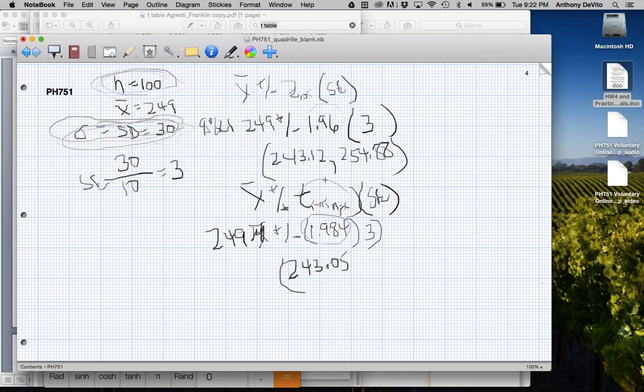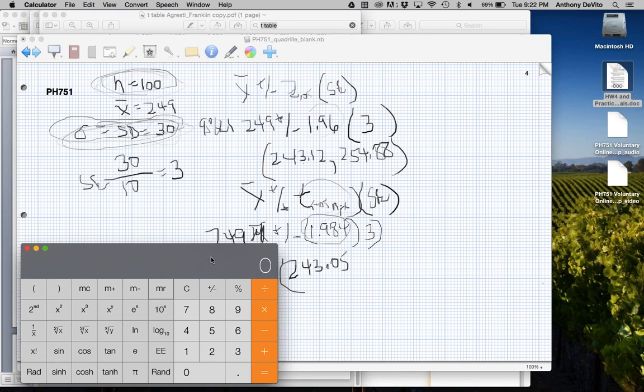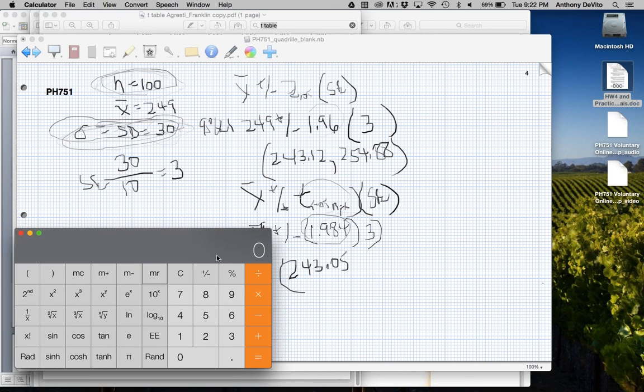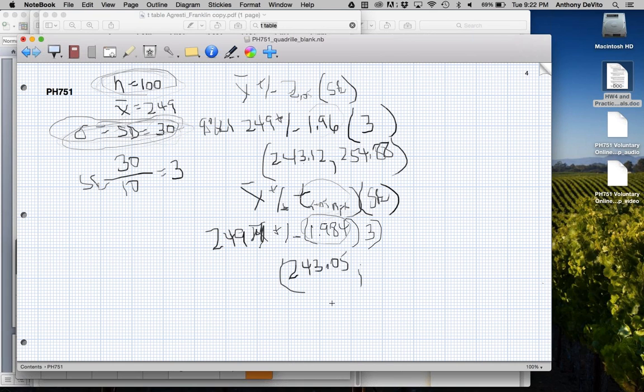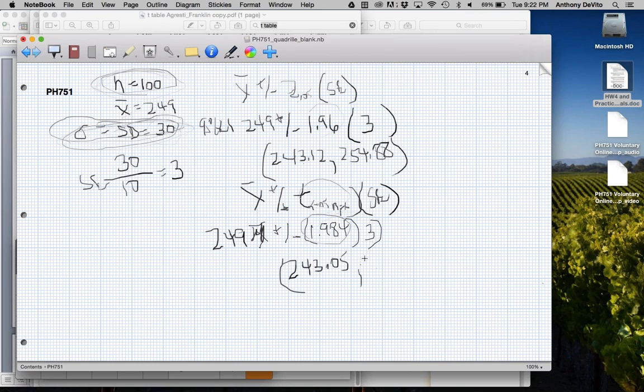243.05. Notice it's a little bit wider, right? Because now I am accounting for that extra uncertainty, because even though it's a big sample, I don't really know for sure what the population standard deviation is. And for the upper limit, it's going to be 249 plus our margin of error, 254.95.